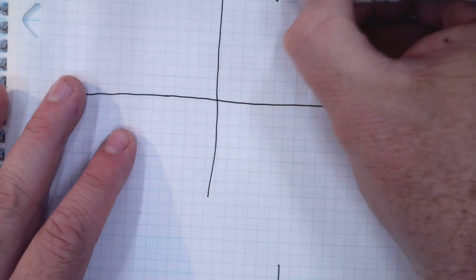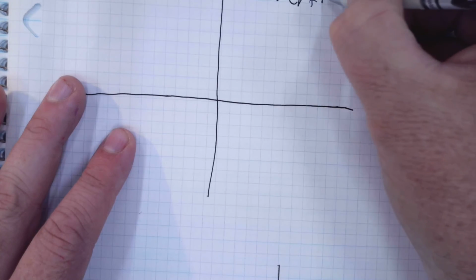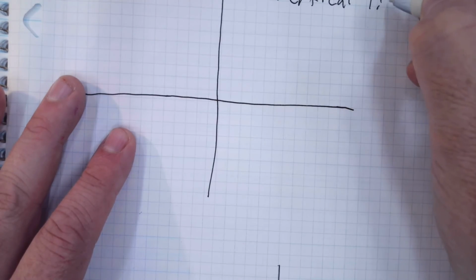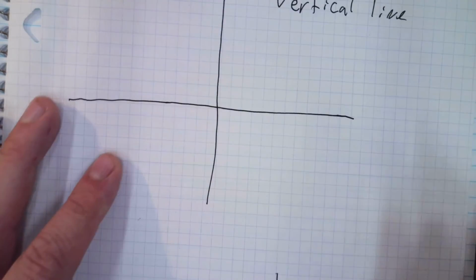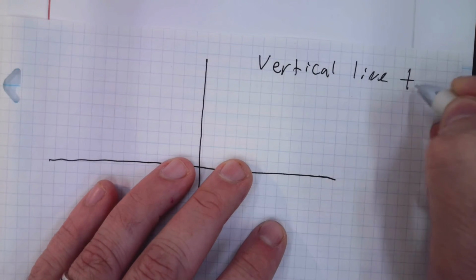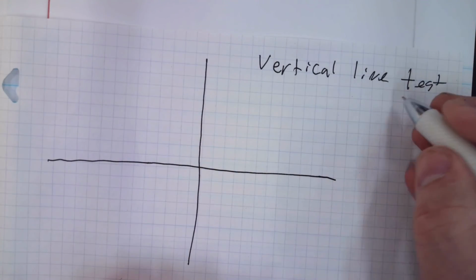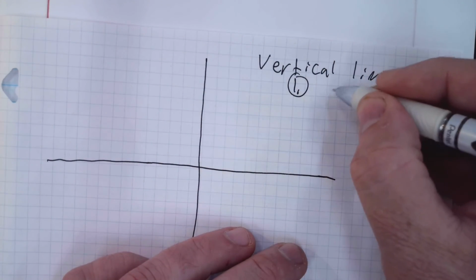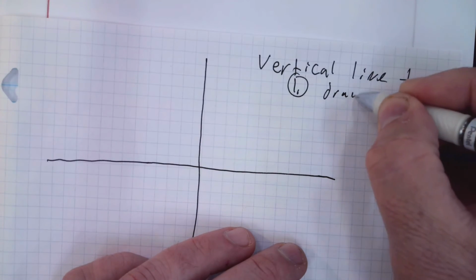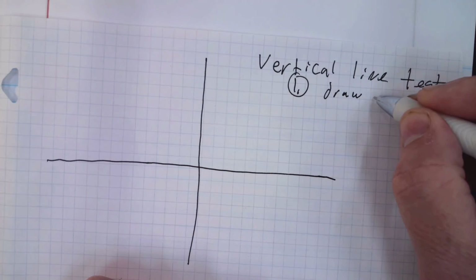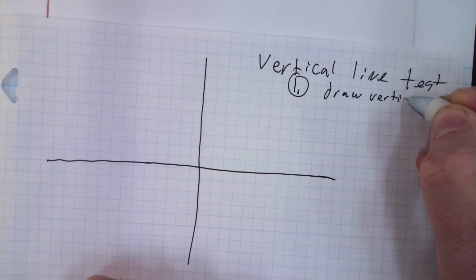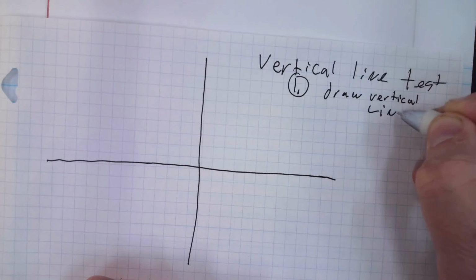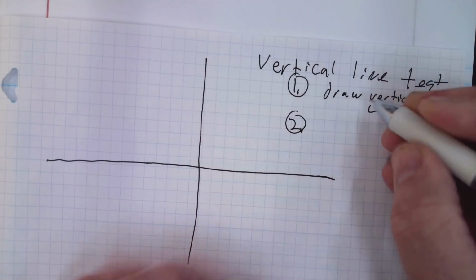Okay, this is called the vertical line test. If it's already graphed for you, there's no sense in doing a bunch of work. So we're going to do the vertical line test. So basically, step 1, draw a line. What kind of line do we think we're drawing? A vertical line. Okay, step 2.